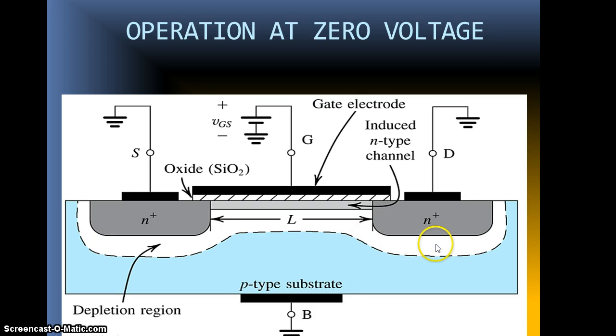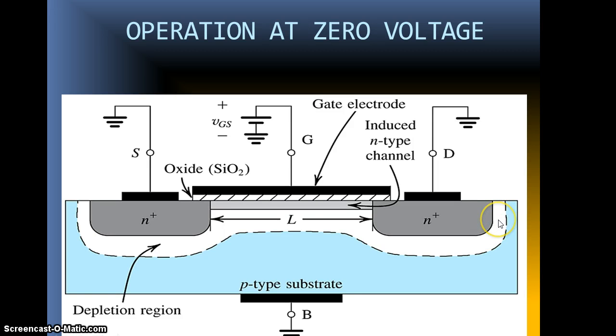So two PN junctions are formed, and they're connected as back-to-back diodes through this gate layer. The source and drain terminals are isolated by two depletion regions without conducting current. So here you can see this is the depletion region, this white region over here.